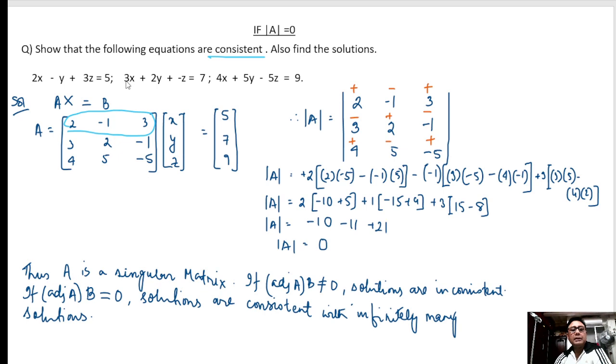Then it is 3x plus 2y minus z, so I will take 3, plus 2 and minus 1 in the second row. And then I will take 4, plus 5 and minus 5 in the third row. So this is my matrix A. Clear? And then X, Y, Z, and the B matrix is 5, 7 and 9. This is my B matrix.